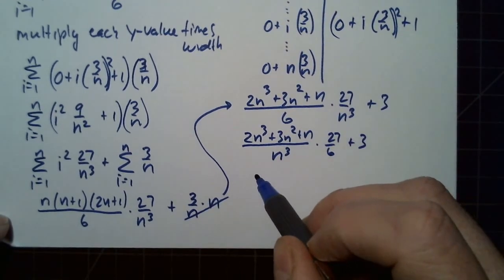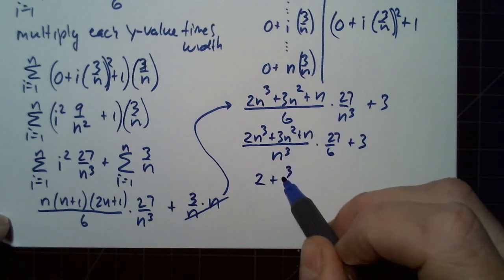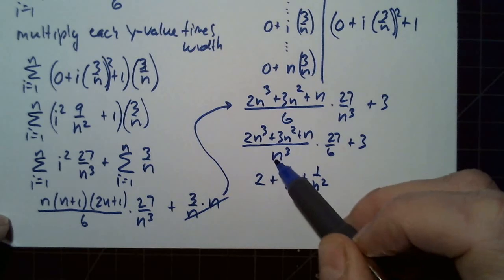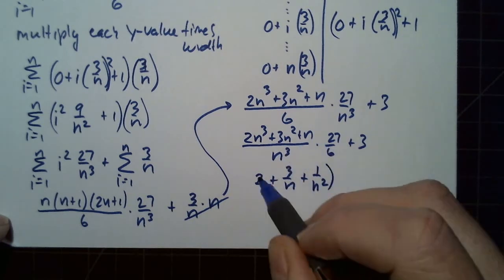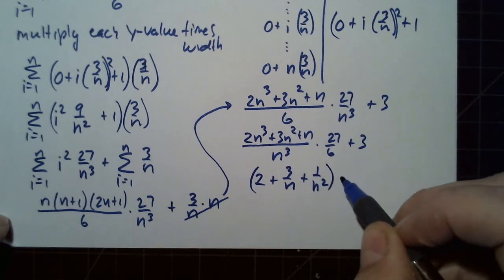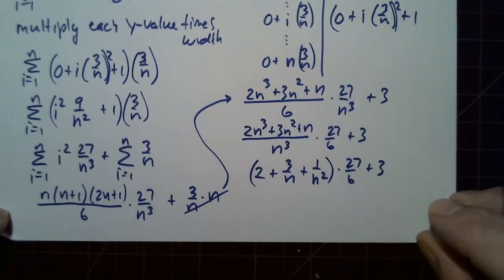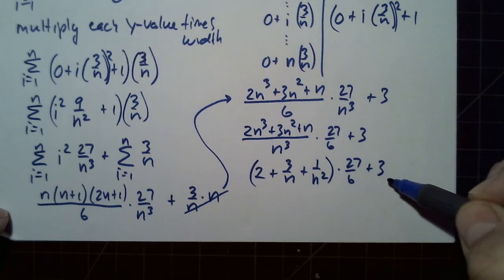So we have (2 plus 3 over n plus 1 over n squared), putting n cubed under each of those, times 27 over 6 plus 3. Now, this represents the area of n rectangles.